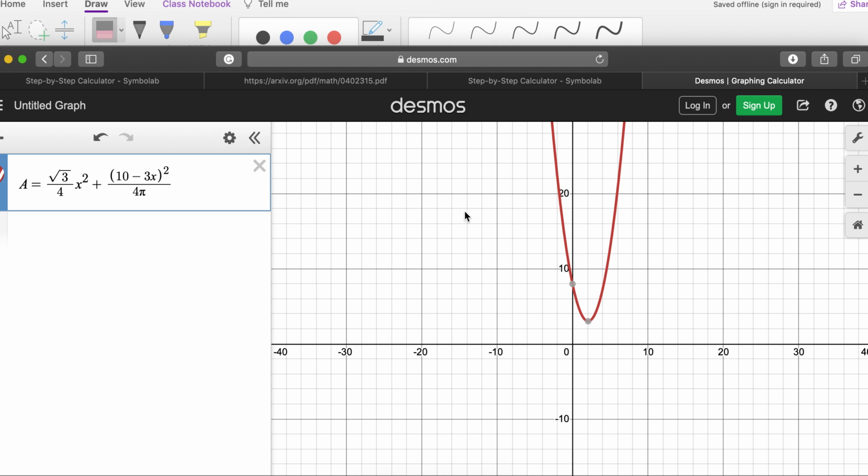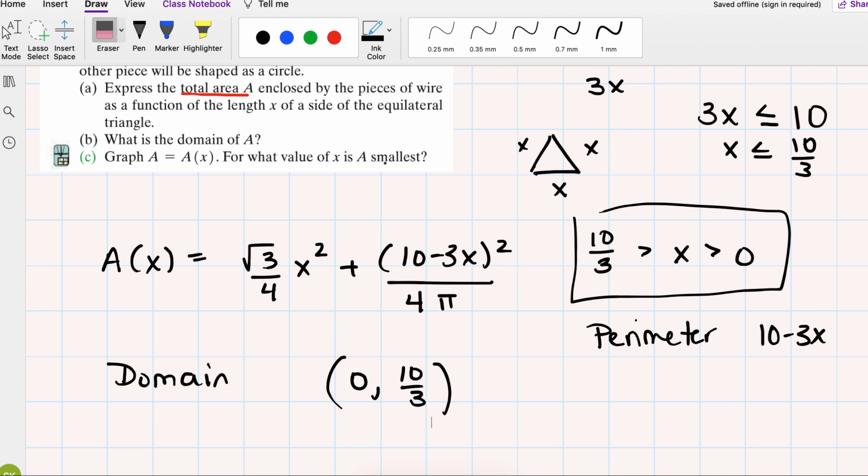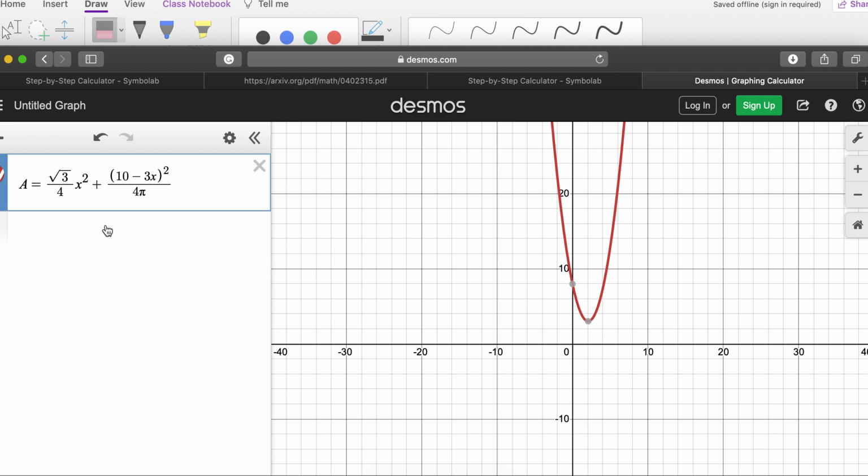Okay, so the question was, after we graphed it, find the value of x for which the area is the smallest. Now the y values are the area. So the minimum number is at the bottom of this valley, and you can see when x is 2.077, we get that the area is 2.998, and any other x value would be above this 2.998.